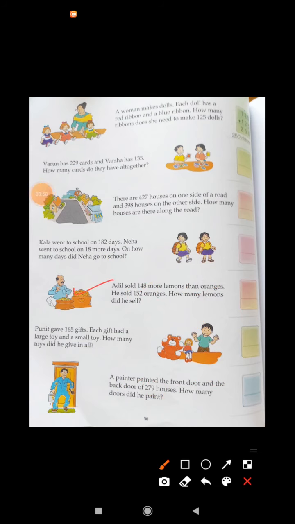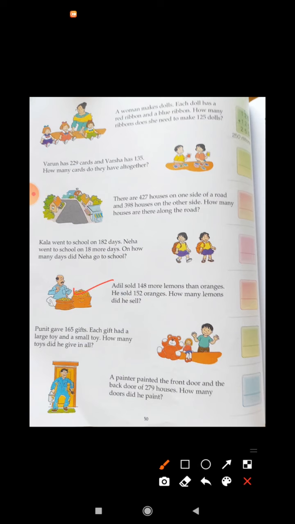Now next one. Adil sold 148 more lemons than oranges and he sold 152 oranges. Now how many lemons did he sell? Adil ने 148 ज़्यादा नींबू सेल किए. Okay, and he sold 152 oranges. Now you have to find out how many lemons he sold. So what will you do?